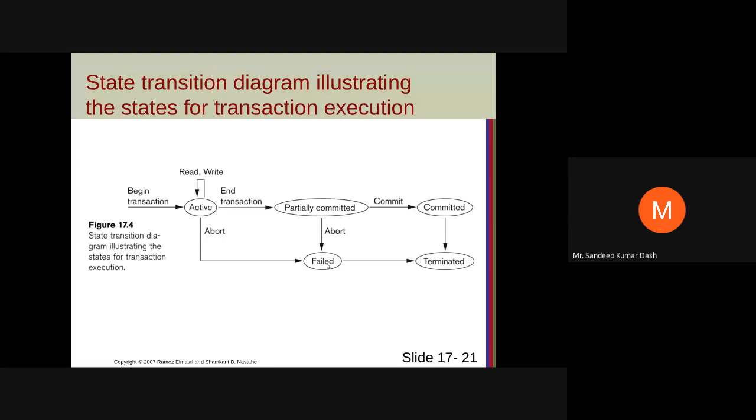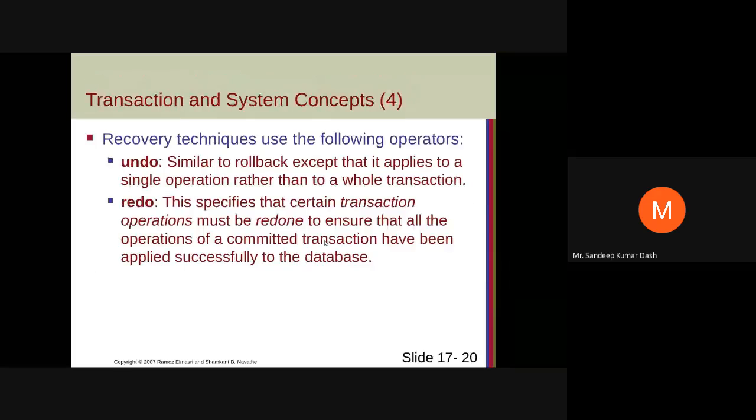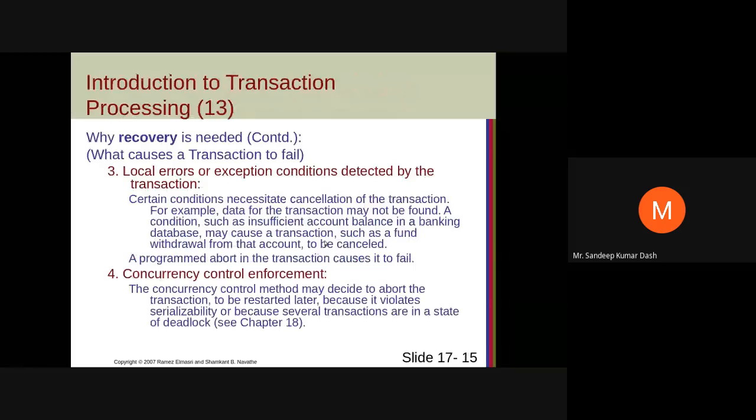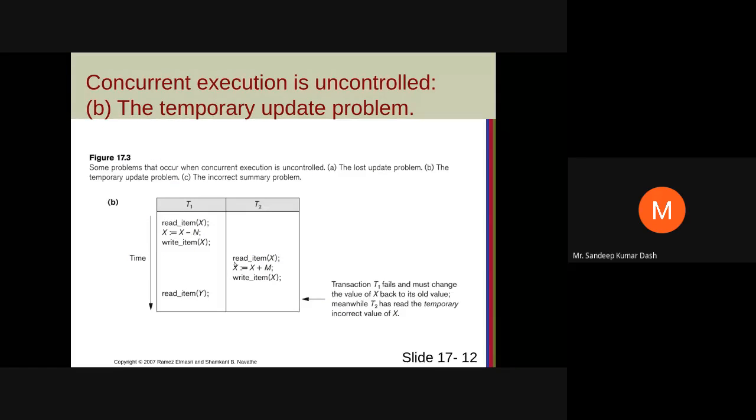Suppose before commit, every operation is performed correctly, but still some transaction has to abort. Like in this case, you see, this failed. As a result, this result also has to be cancelled.